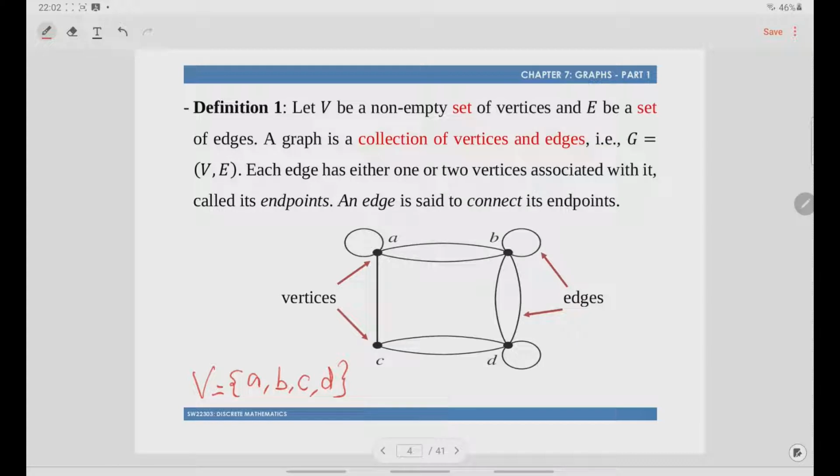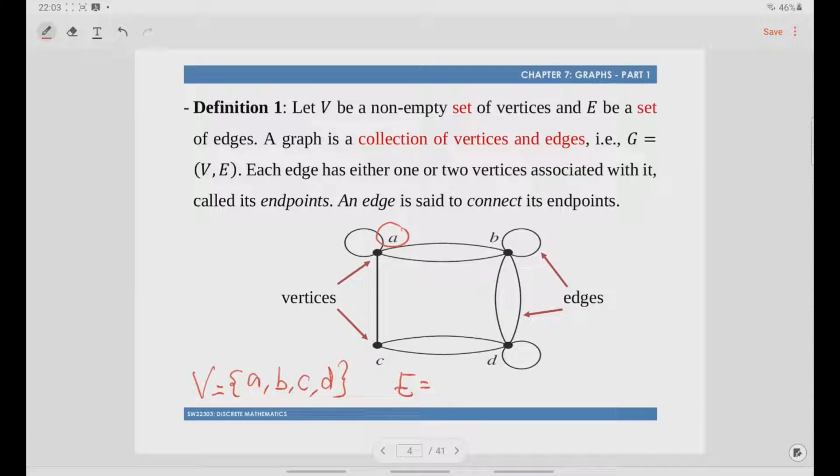For singular we call it a vertex. For example, A, we call it vertex A. So more than one vertex we call them vertices. Alright, the second set is E. So the set E consists of all the edges connecting these vertices.